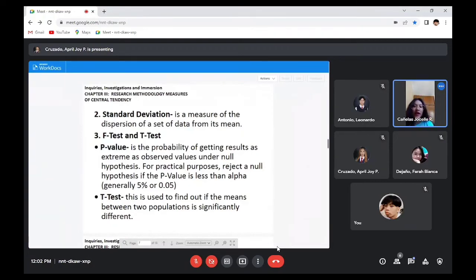F-test and t-test. When we say p-value, it is the probability of getting a result as extreme as the observed values under the null hypothesis.